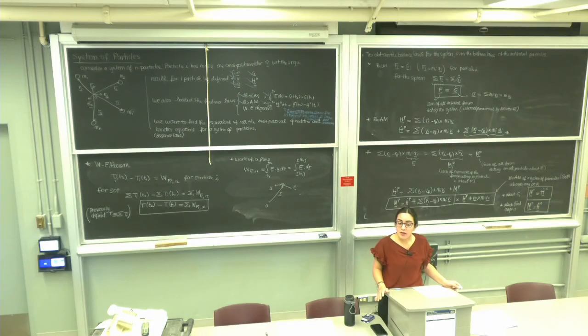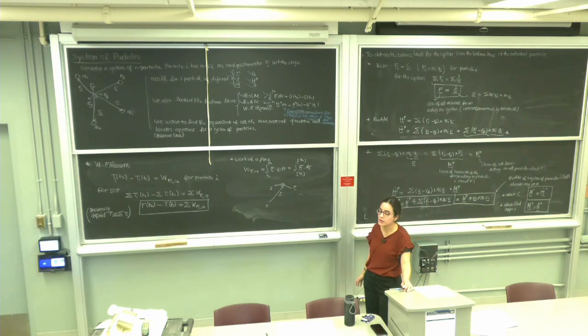From C? Not quite. The velocity does not depend on C. The velocity is independent of the origin. So you can look at the velocity or the displacement. Displacement dr is also independent of the origin. But we have to be careful. It's going to be the velocity or the displacement of the point of application of the force.